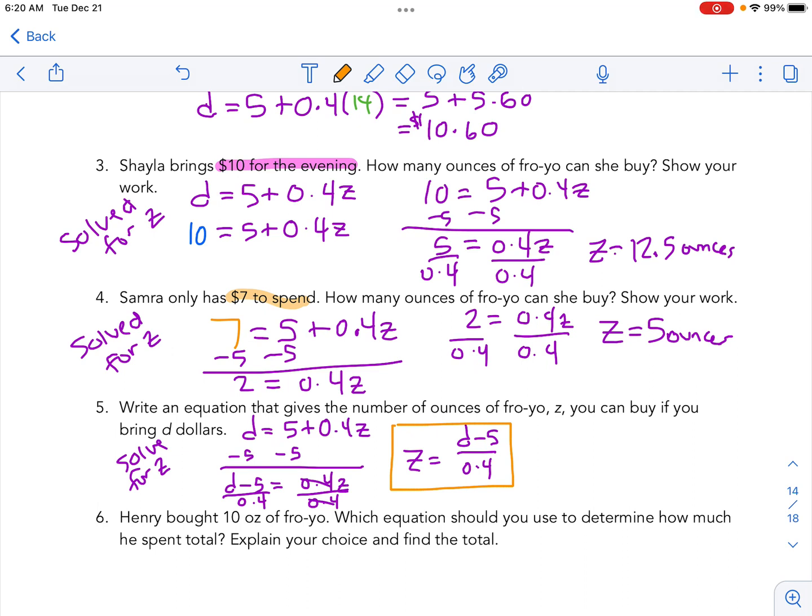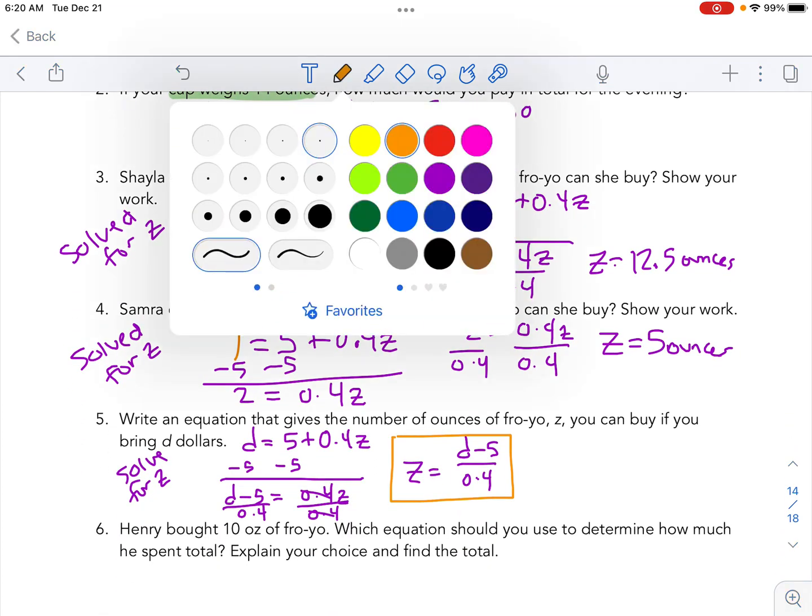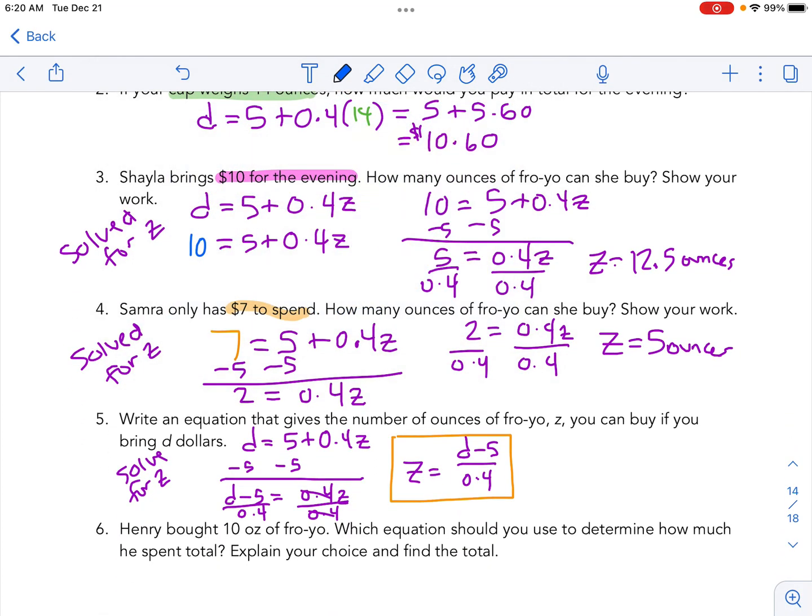And so with this expression, we kind of swapped the input and the output. So now the number of ounces of frozen yogurt becomes our output. And the money becomes our input.